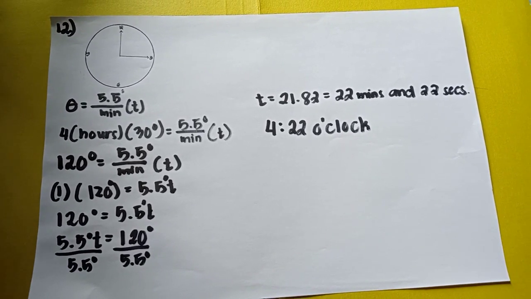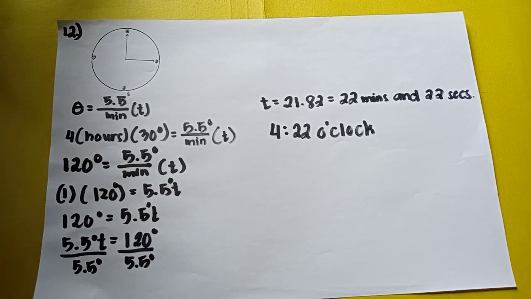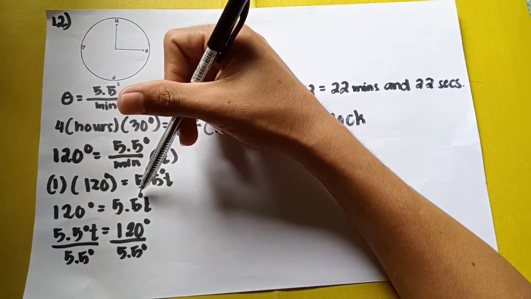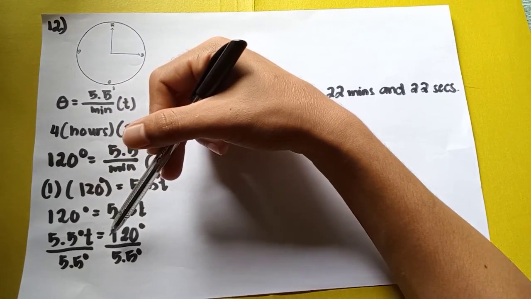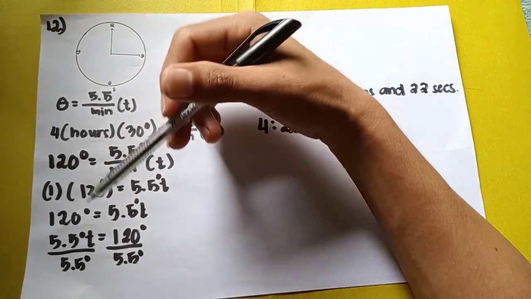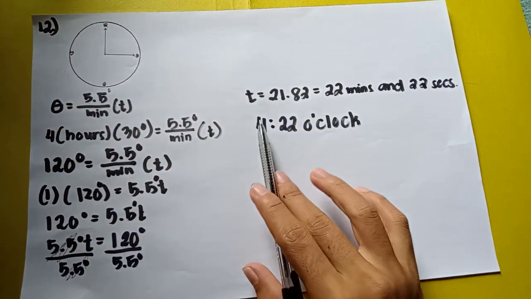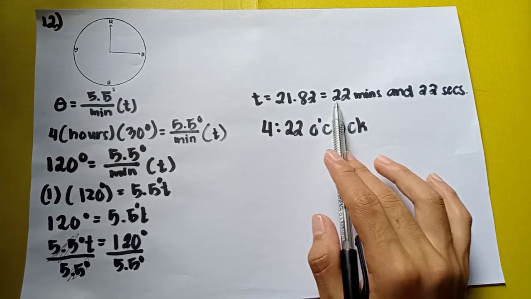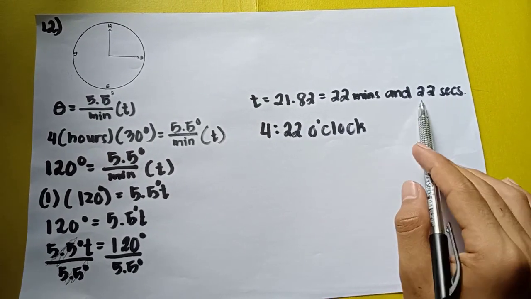Divide both sides by 5.5 degrees. Cancel. Our t is equal to 21.82, or 22 minutes and 22 seconds.